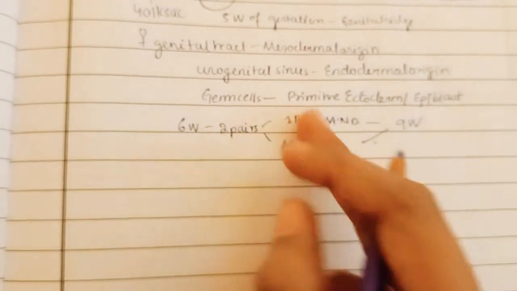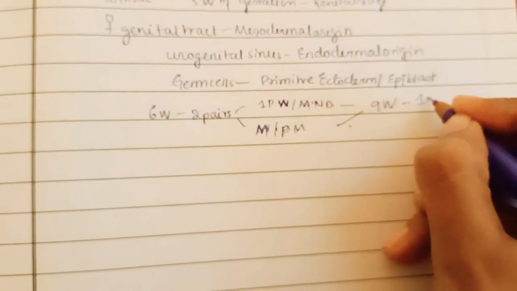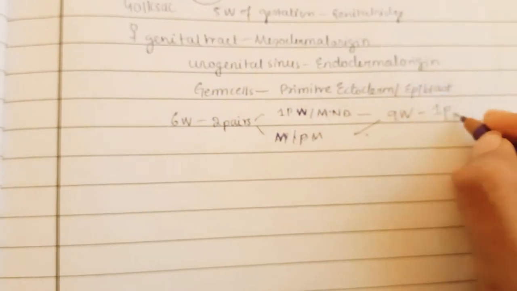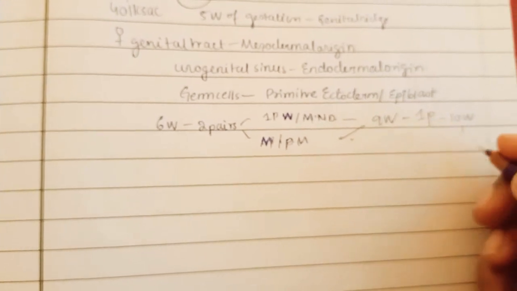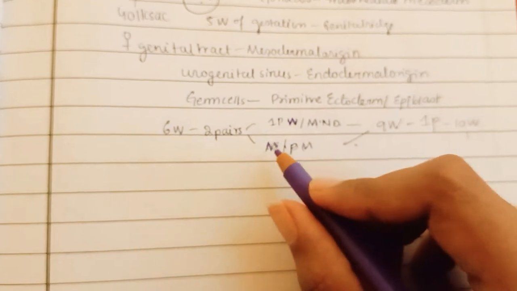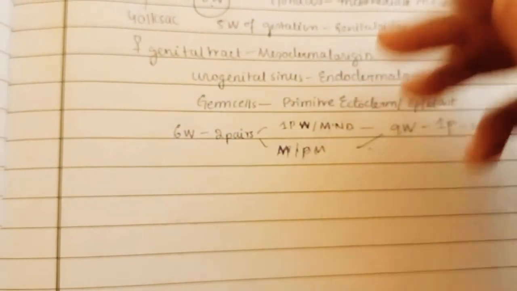At 6 weeks 2 pairs are present, but at 9 weeks only 1 pair: in male only the Wolffian duct, and in female only the Mullerian duct. At 10 weeks the internal genitalia are formed from these ducts: from the Wolffian duct, male internal genitalia; from the Mullerian duct, female internal genitalia.